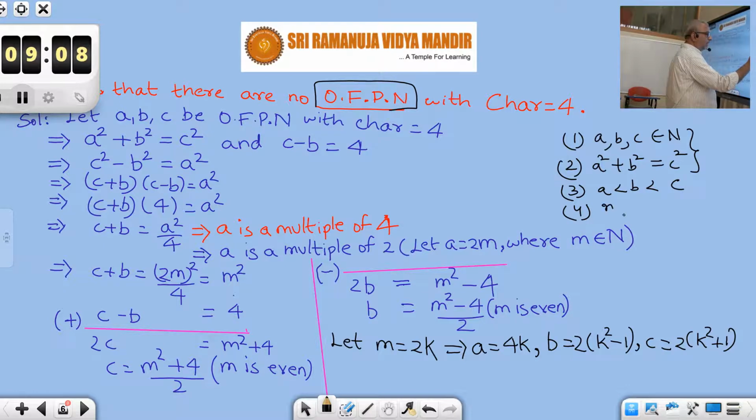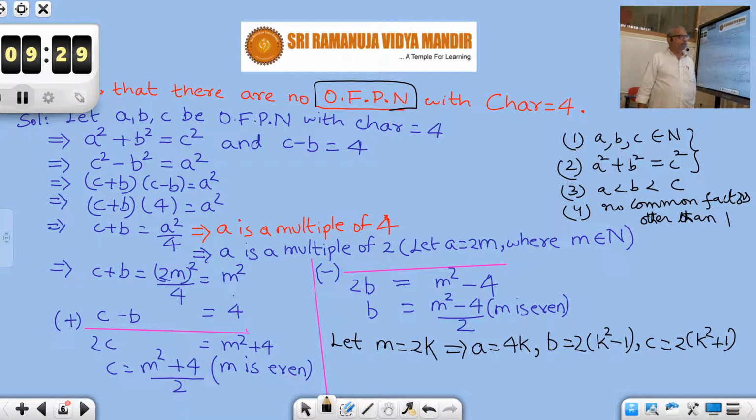Next, 4. They have no common factors, other than 1, of course. That means they should be co-prime. Co-prime means no common factors except 1.